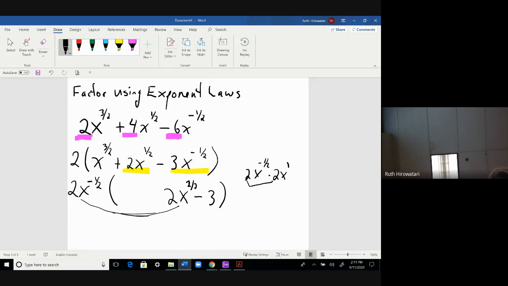So these would multiply and give me the 4. These would multiply, the bases are the same, and you're multiplying. Add the exponents. What is 1 plus negative 1/2? It is positive 1/2, and you're back to where you started up here. Okay, so keep that idea in mind.